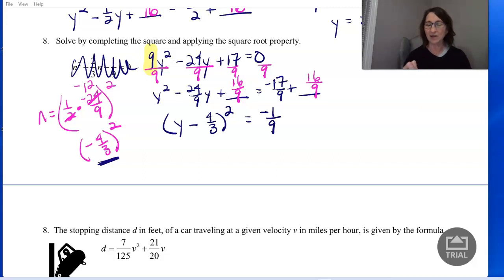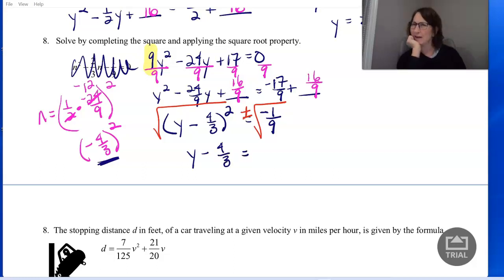So now I can go ahead and apply my square root property, looking for the positive and the negative roots. On the left, this is just business as usual, y minus 4/3. But on the right, I've got this negative under my radical.